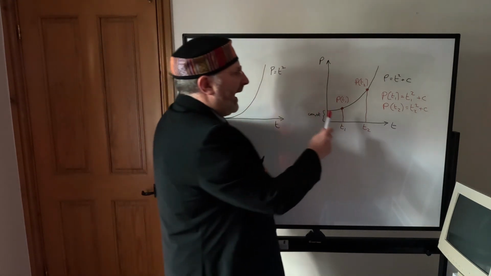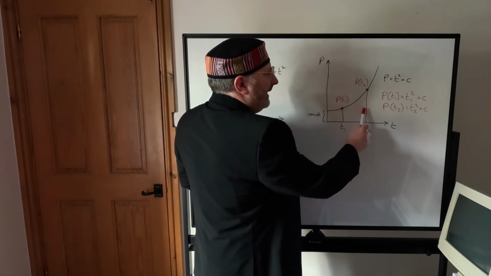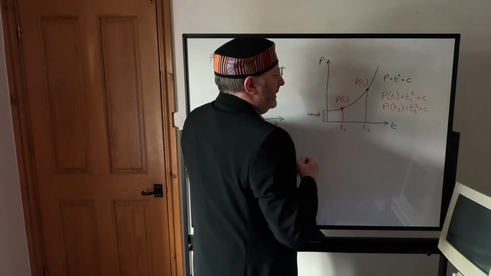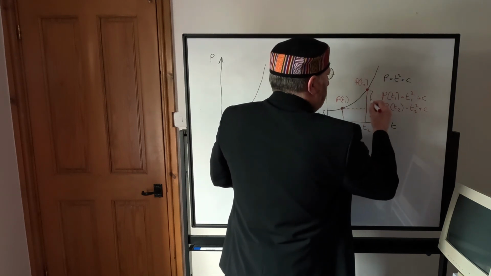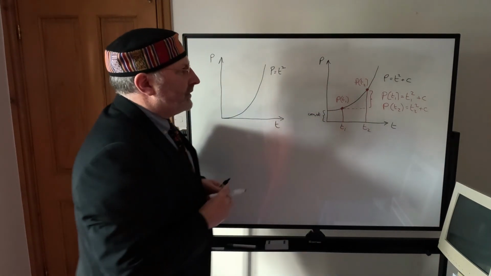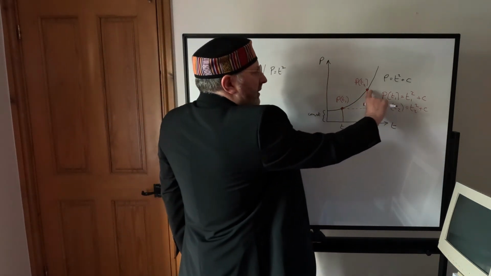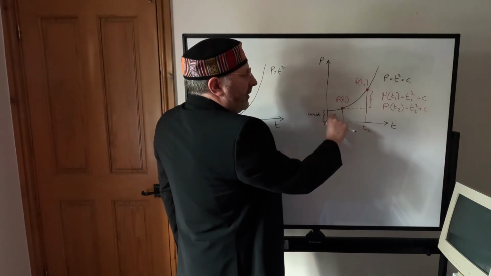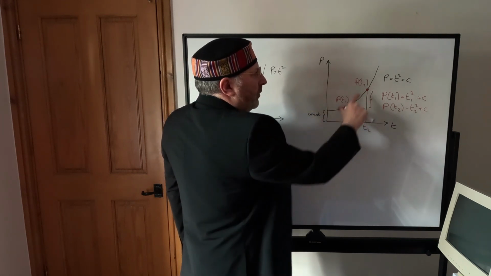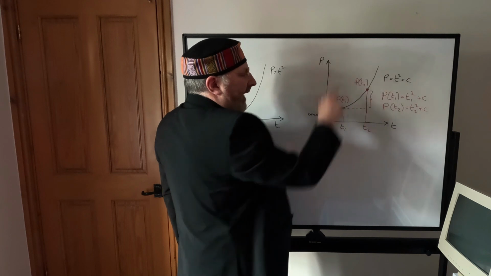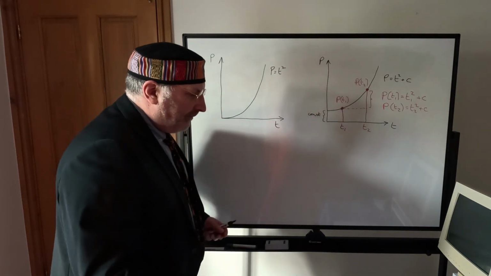We can say how much population was added between t1 and t2. It's that much. And that does not depend on what the constant is. Whatever the constant is, the difference between them will be the same, because we're just shifting that whole thing up and down.